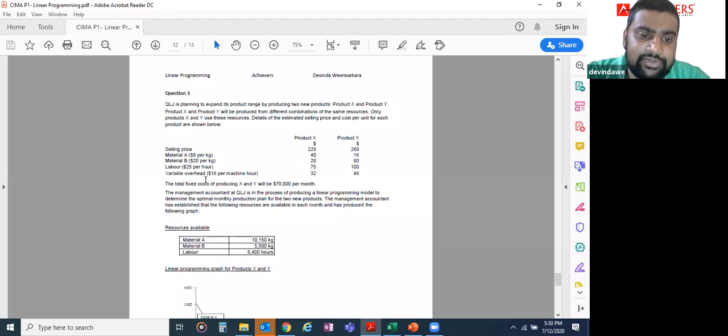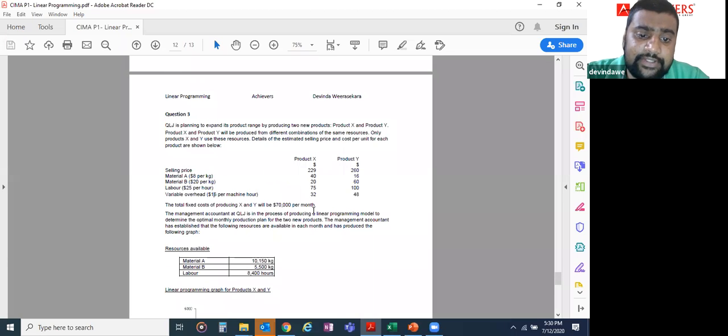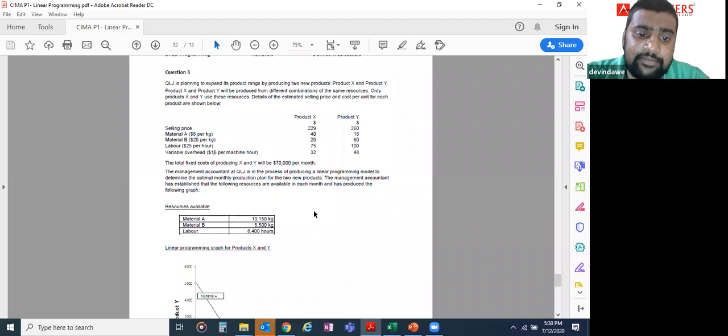So total fixed cost of producing X and Y will be $70,000 per month. The management accountant at QLJ is in the process of producing a linear programming model to determine the optimal monthly production plan for the two new products. The management accountant has established that the following resources are available in each month and has produced the following graph.